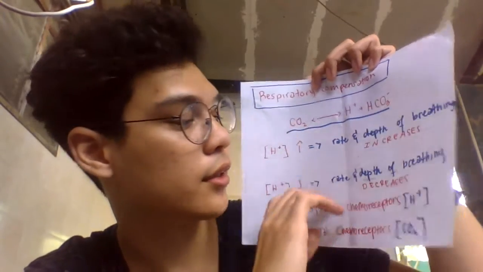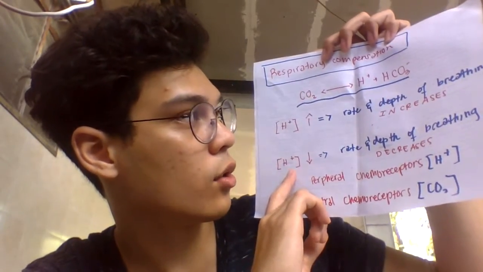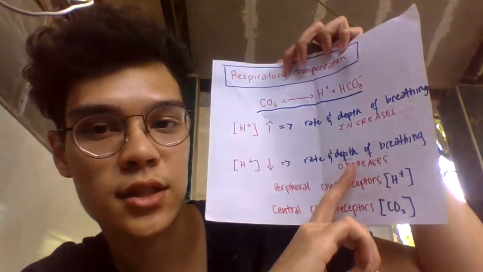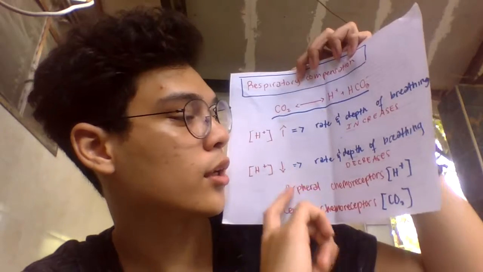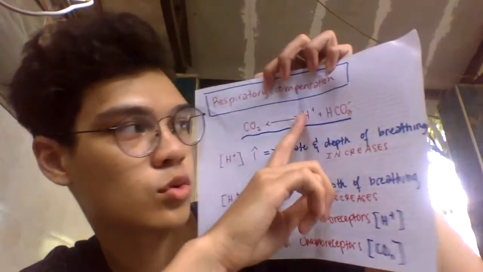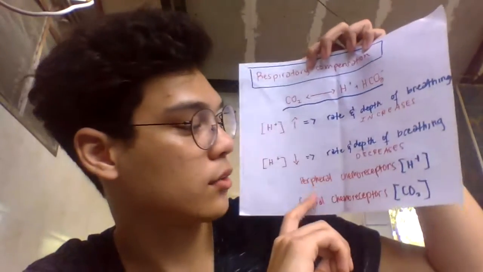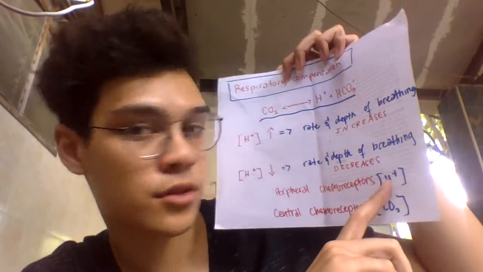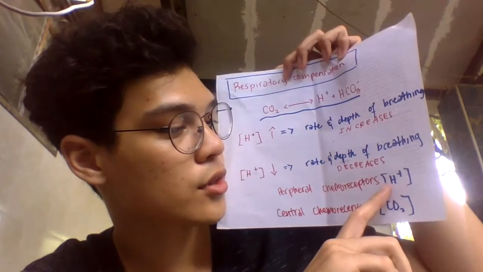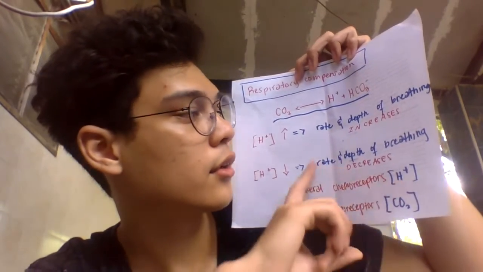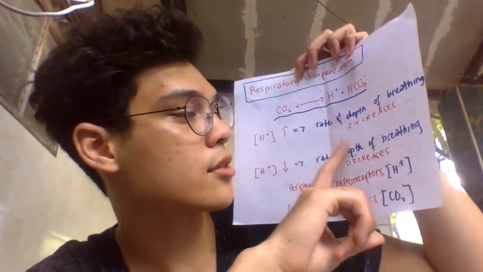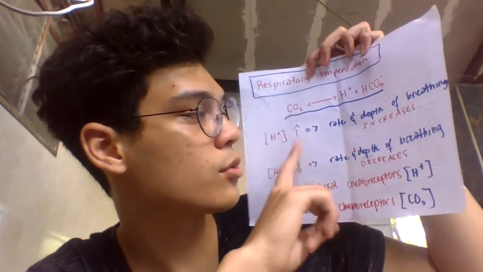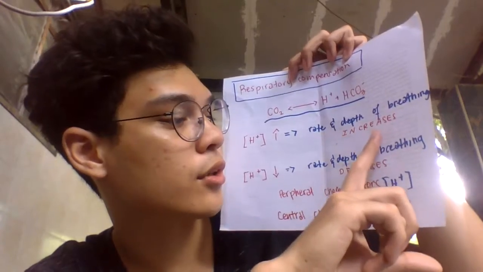If there is a low amount of hydrogen ions, the rate and depth of breathing is decreased, because we need to keep that CO2 inside to turn it into the hydrogen ion. The peripheral chemoreceptor detects too much hydrogen ion and tells the body to increase the rate of breathing.